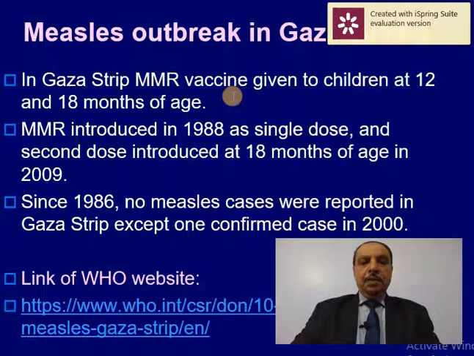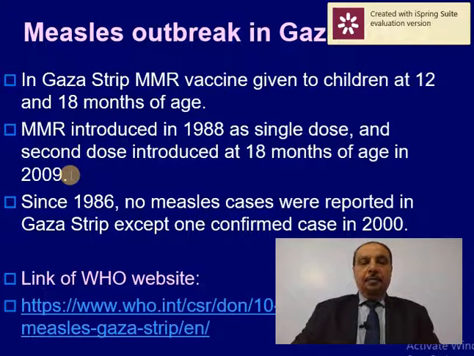MMR was introduced in 1988 as a single dose in Gaza and in Palestine, and the second dose was introduced at 18 months of age in 2009. This means that all those delivered before 2009 got only 1 dose of MMR.